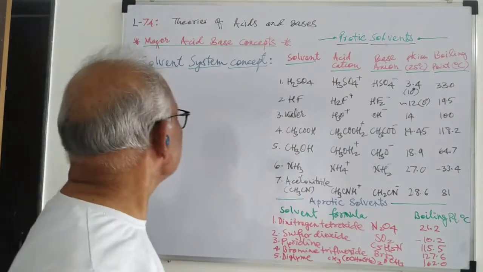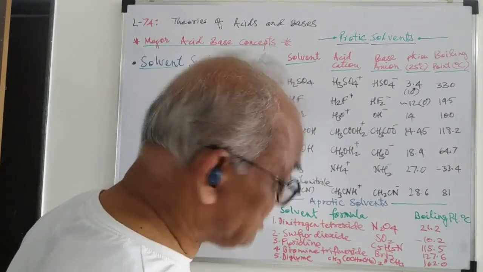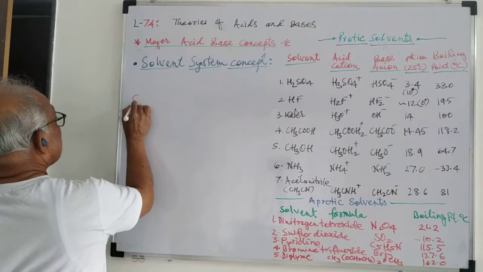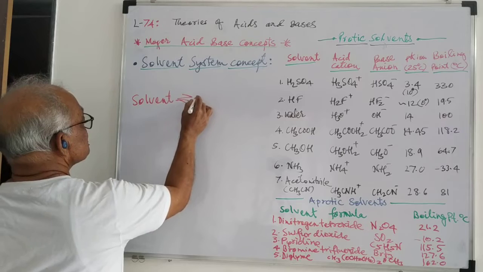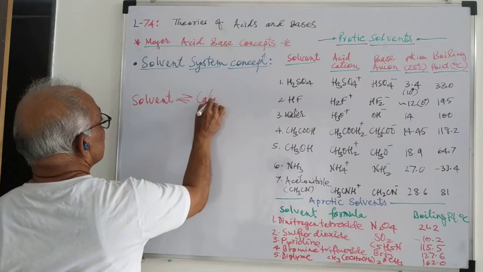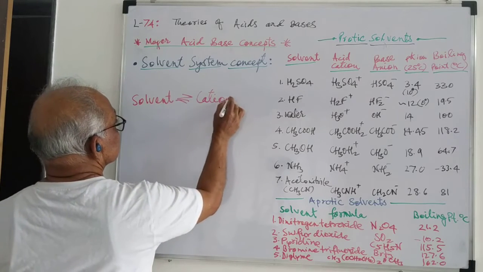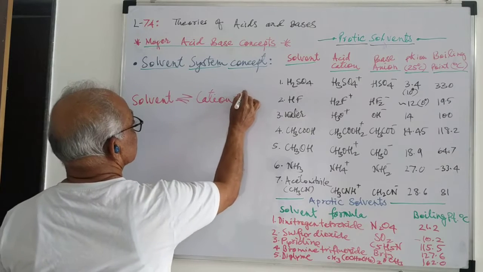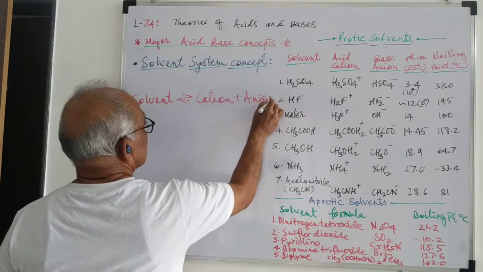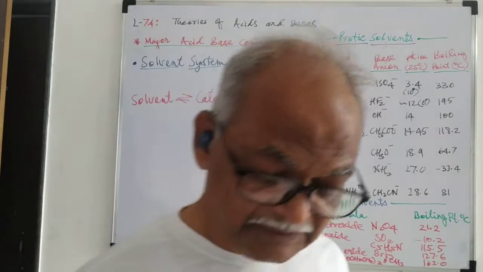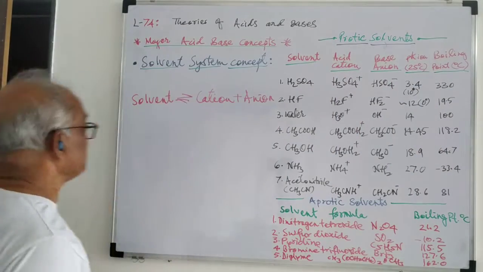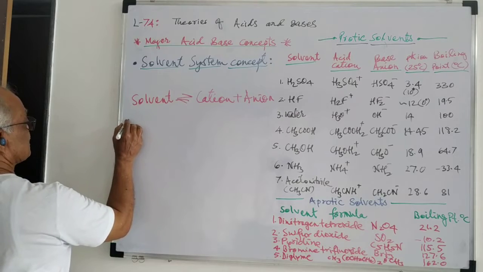In short, if we take a solvent, after auto-dissociation it is converted into a cation plus anion.